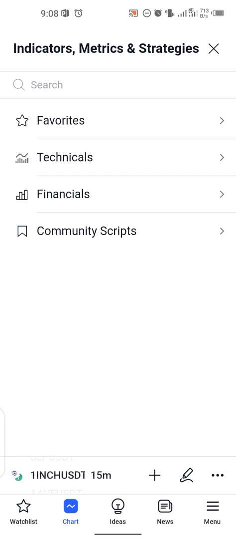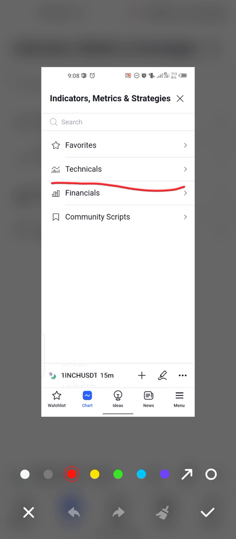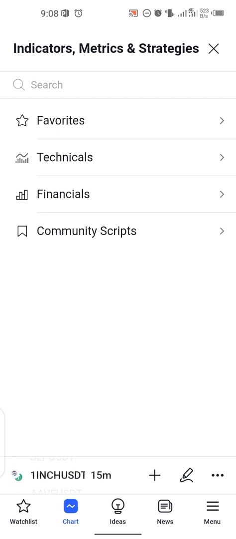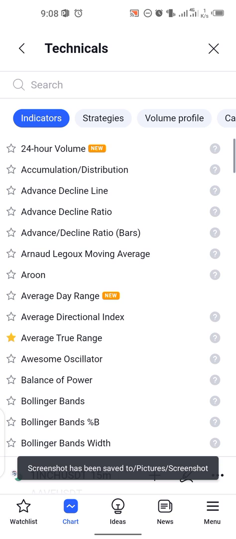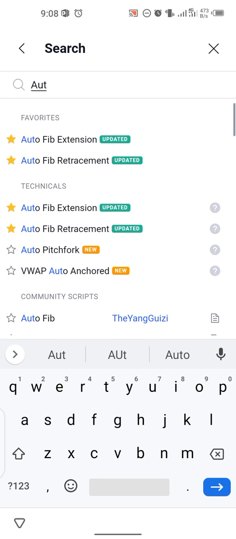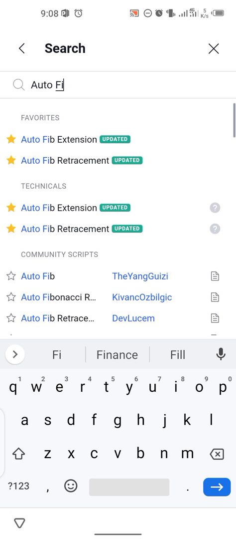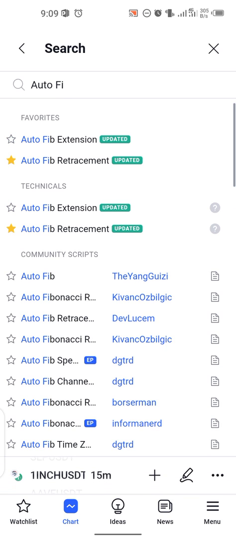You come here where you see the word technicals. Tap on technicals and you search auto Fibonacci retracement. Maybe let me remove this not to cause confusion.